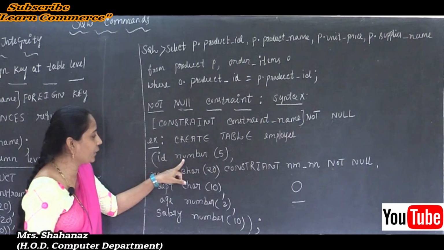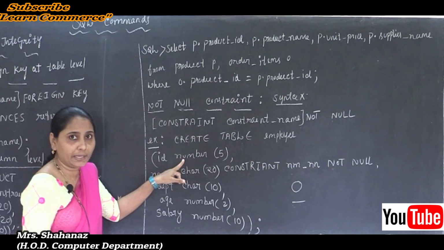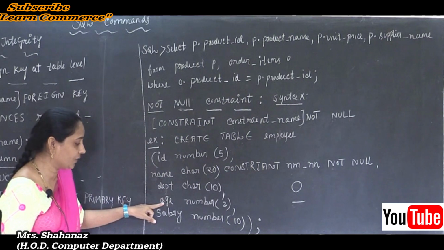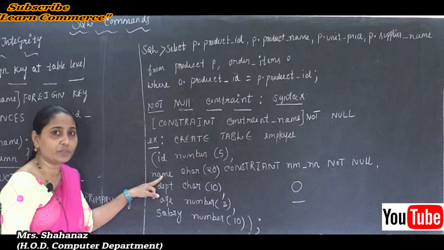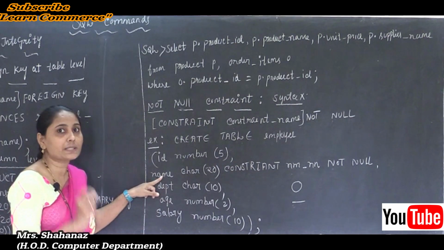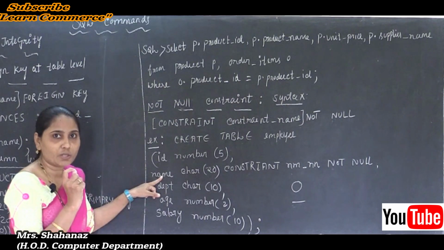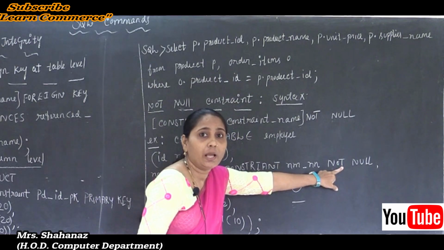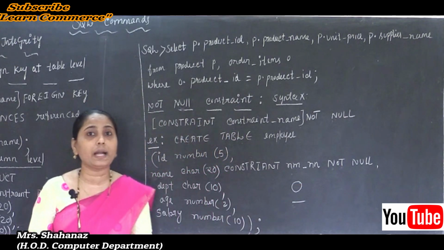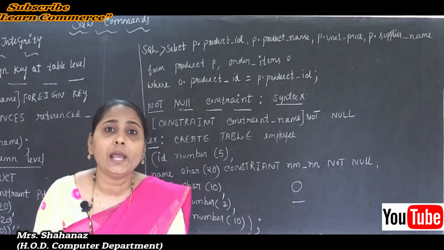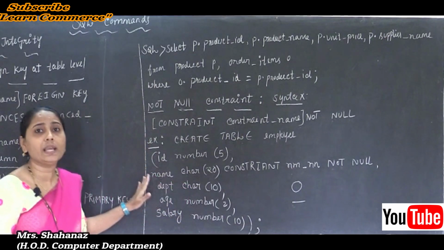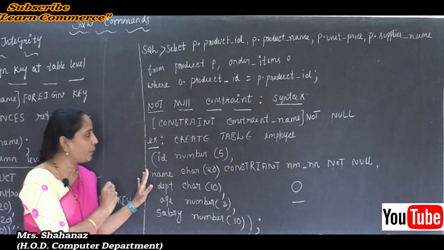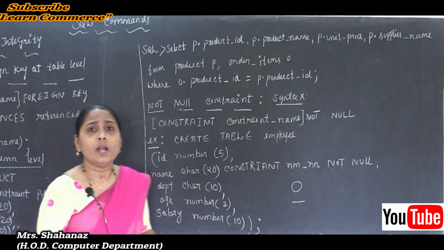Maybe you can use the null value for the ID number, for the department column, age column, salary, but in case of the column name you should enter some value. Why? Because we already applied the not null constraint. We know the meaning of not null: it contains a definite value for the column which is specified as not null. We need to enter some value in the column. So this is about our not null constraint.